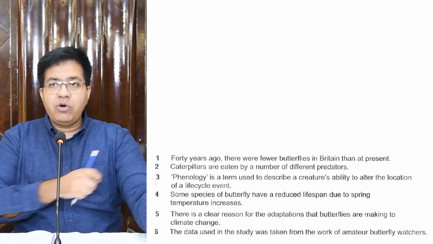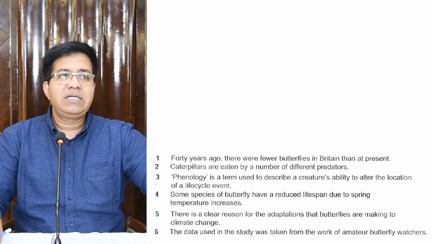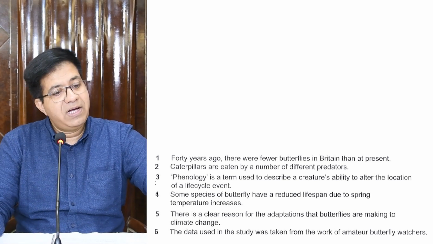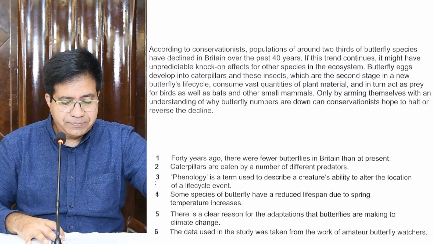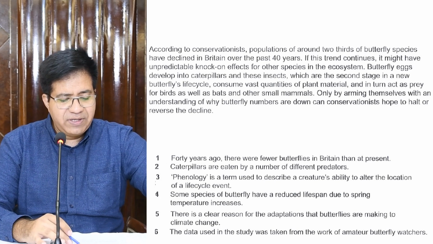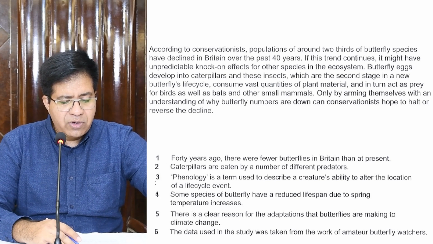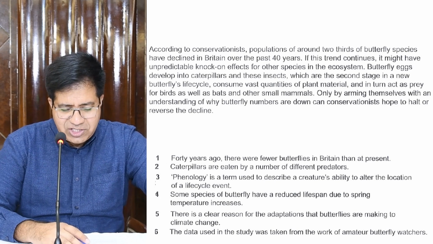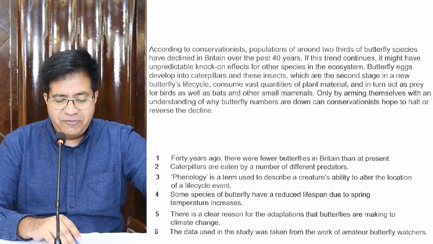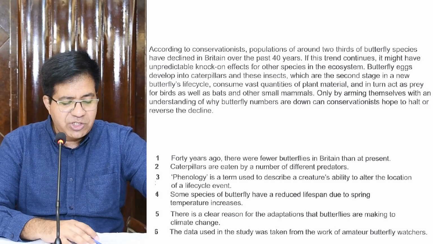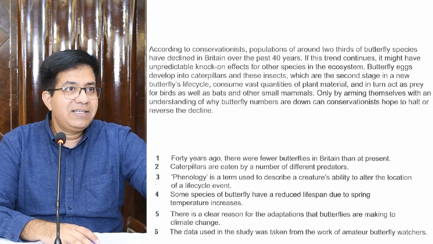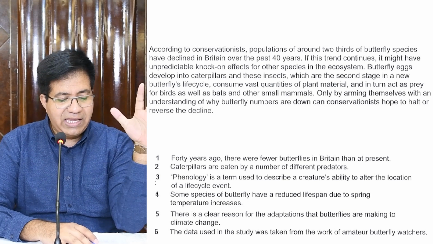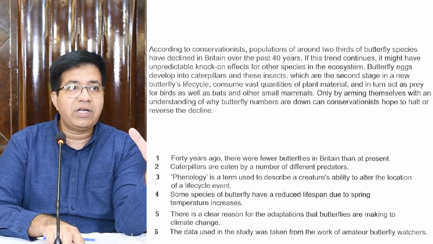Now we come back, look for the word 40 years. First paragraph, exactly. I'm going to read it from the first line. According to conservationists, populations of around 2/3 of butterfly species have declined. Populations have declined in Britain over the past 40 years.